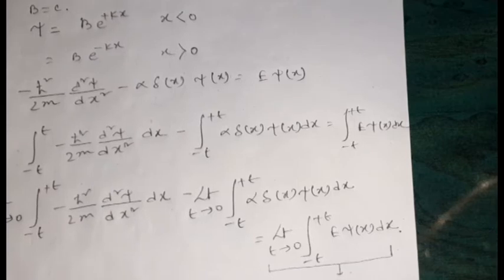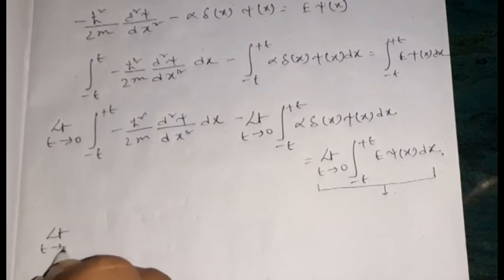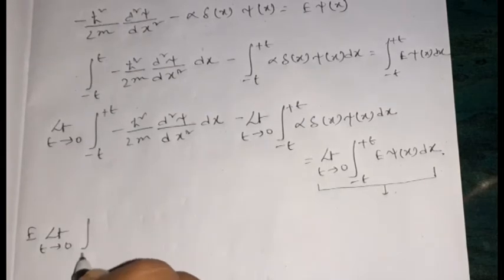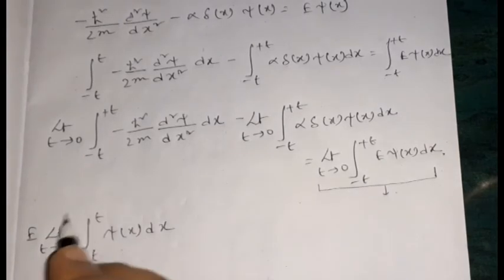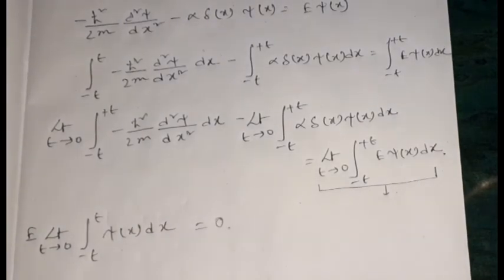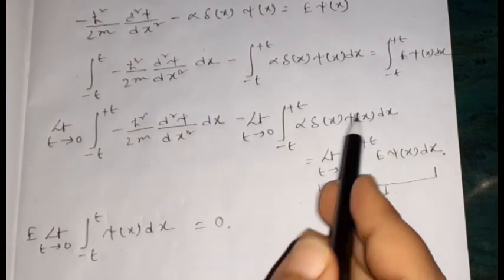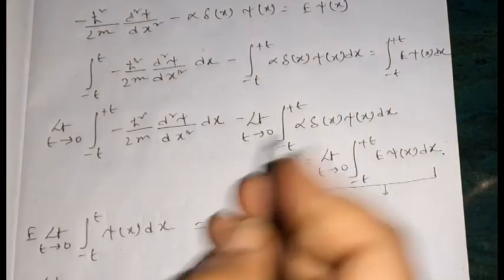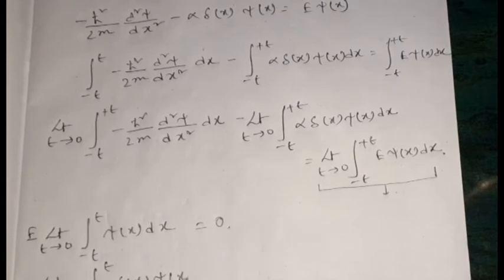As you can see, it is easy to show that the limit epsilon tends to 0 is a constant, so I can write it here, and you can easily see that this quantity is 0. Now I have to calculate for these two. For this one, the limit epsilon tends to 0, alpha is a constant, so I can write it here: minus epsilon to plus epsilon delta x psi x dx.